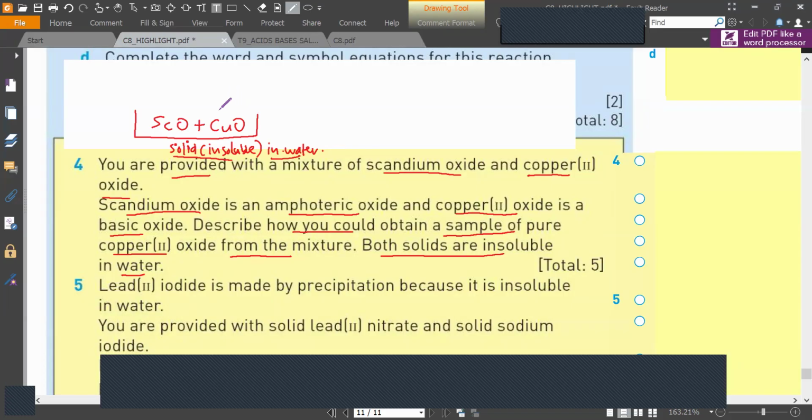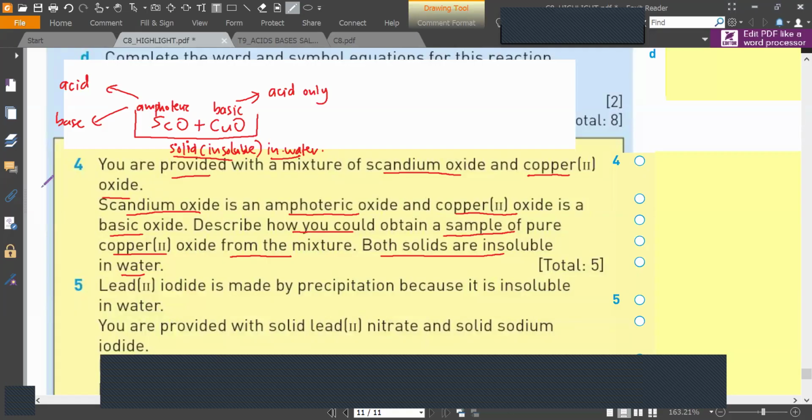So copper oxide is a basic oxide, so it can react with acid only. Scandium oxide is amphoteric, so amphoteric means it can react with both acid and base.